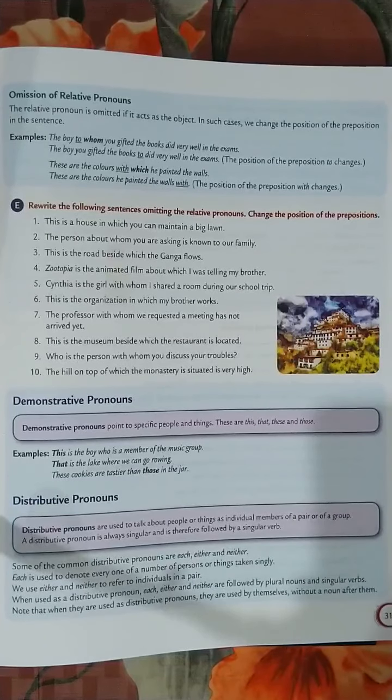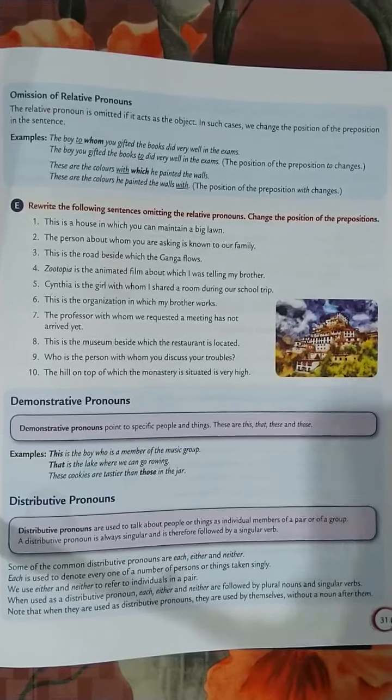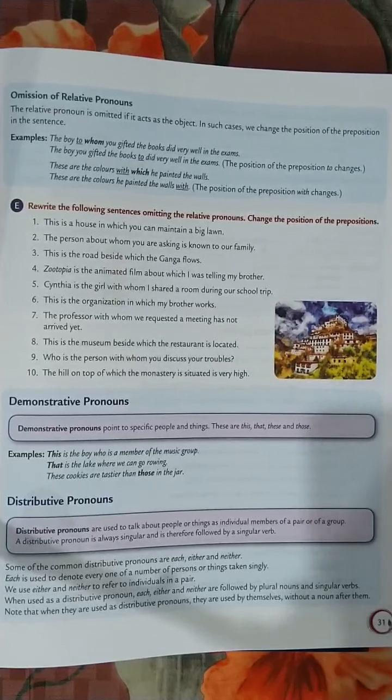As an individual member means as a single member, as an individual member of a pair. Something is in a bulk and then you are pointing out individually, or of a group or as a total group.